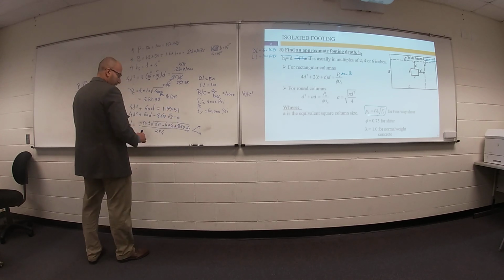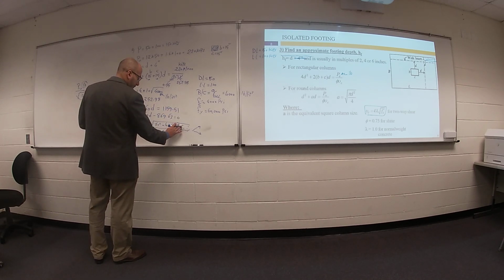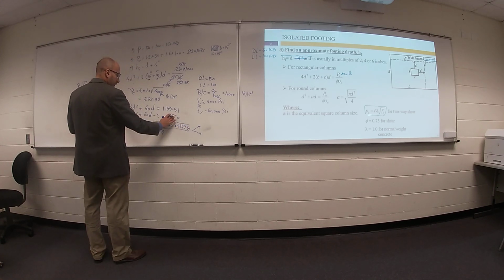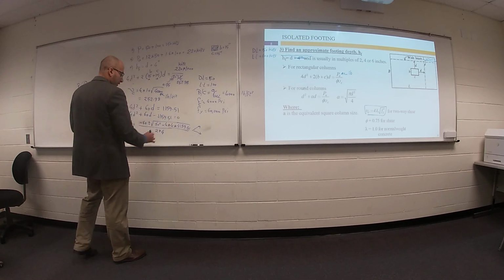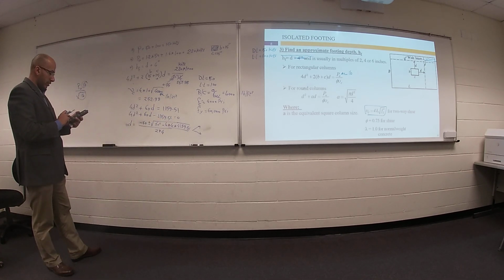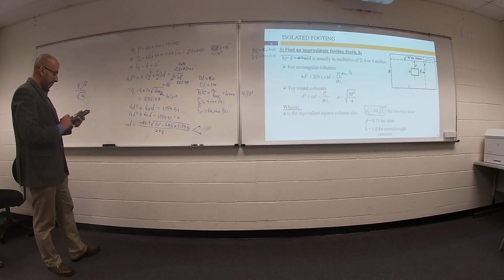This value will be 1159.51. So this term... 1159.51, times 4 plus 60 squared, the square root of this value, minus 60, divided by 8.